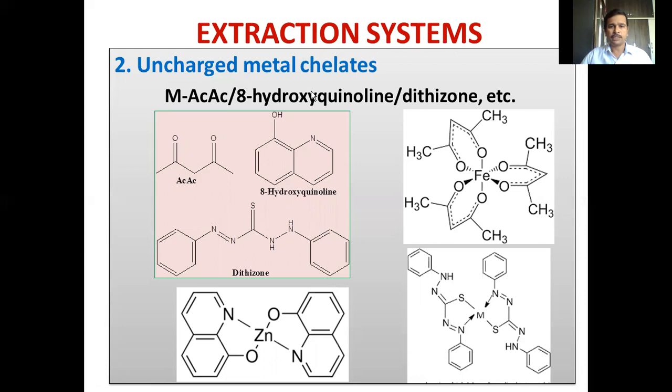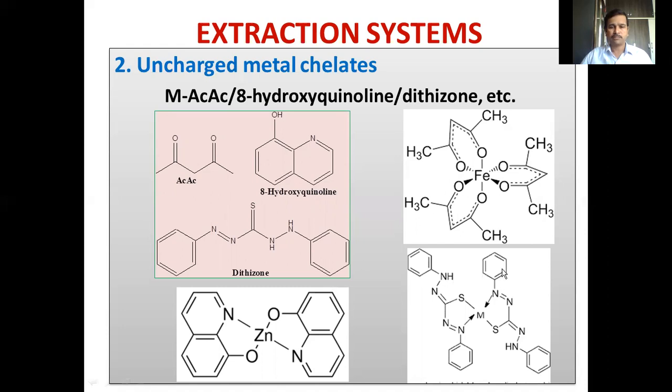Metal chelates are a group of complexes which have a ring-like structure, and the central atom will be a metal. Such metal chelates, if they are uncharged, we can subject to liquid-liquid extraction. That is, we can extract any uncharged metal chelates into a suitable organic solvent.